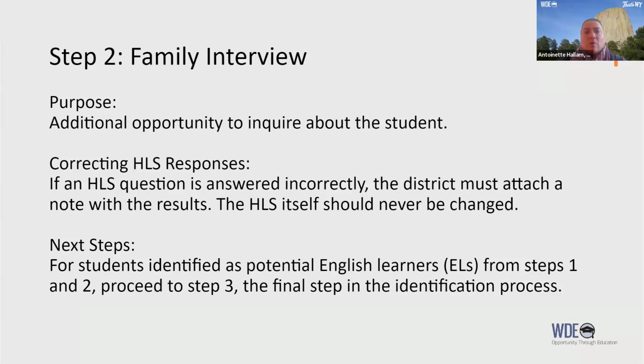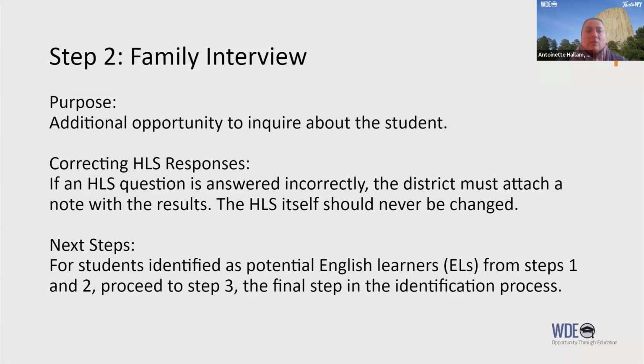This slide provides more information on the interview process and additional fact-finding questions that may be chosen by the district. It emphasizes the opportunity for districts to gather more information about each student's language, social, cultural, family, and school history, which can assist in accurately identifying potential English learners.